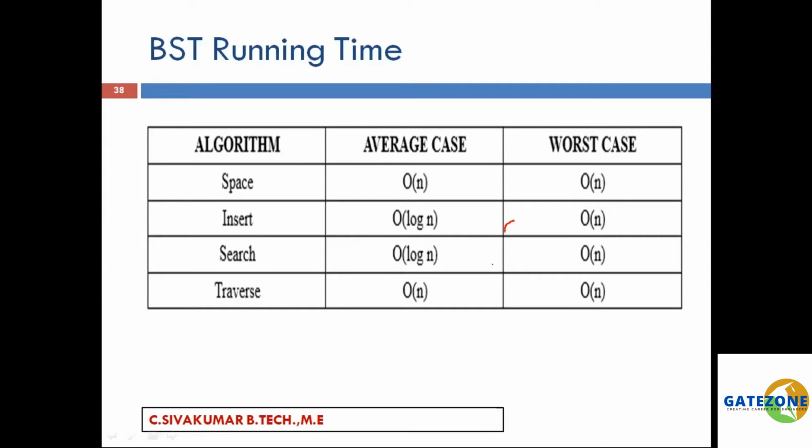If a binary tree is like this, for example 10, 9, 8, 7. Okay, so this tree is also a binary tree. Are you able to follow me or not?